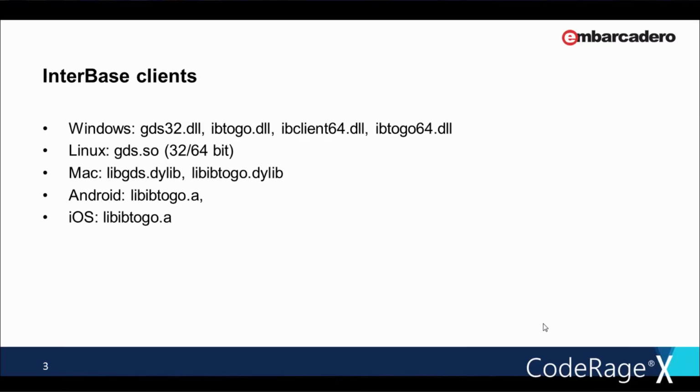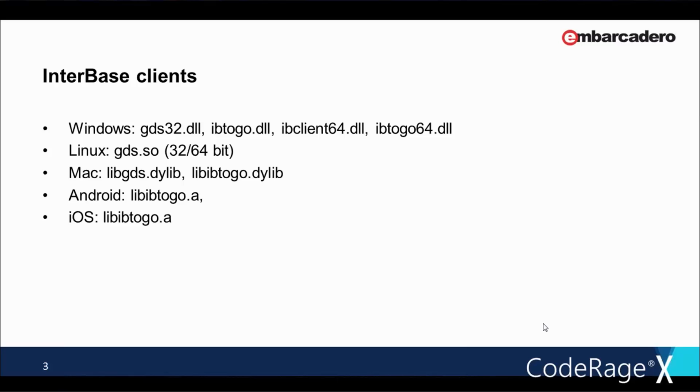Okay, to make a connection, you need a client. On Windows, if you're doing 32-bit, that's gds32.dll or ib2go.dll. If you're doing a 64-bit application, that's ibclient64.dll or ib2go64.dll.